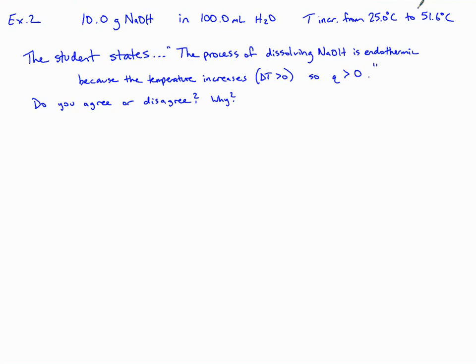This goes on to say use the terms system, surroundings, heat, endothermic, and exothermic in your explanation. So I've got this pre-written for us to make the video shorter, so you might want to pause the video so you can write these things down.